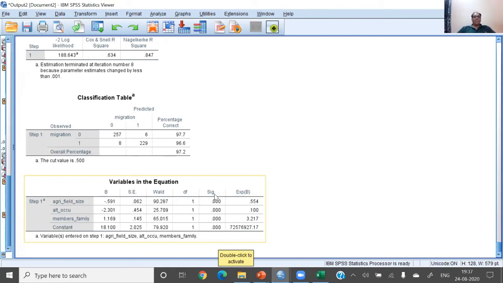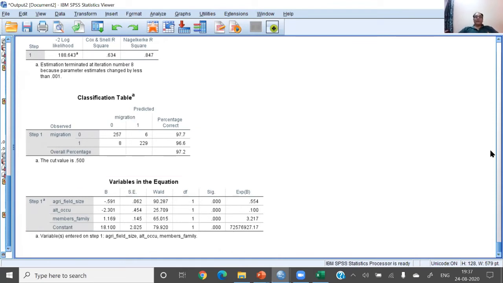Okay. There are a few observations in this file. Number one, all the values are significant, and this is the exponential beta, right? I want to explain what the exponential beta is here and what the value of the beta is. What is the difference between this beta and the exponential beta? Now let me try to explain it.